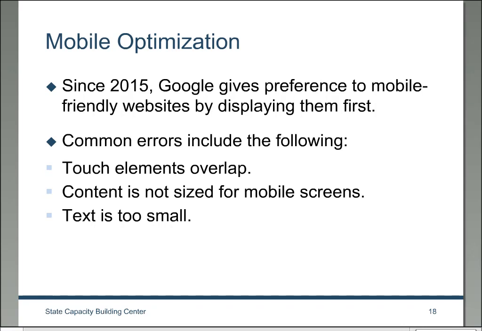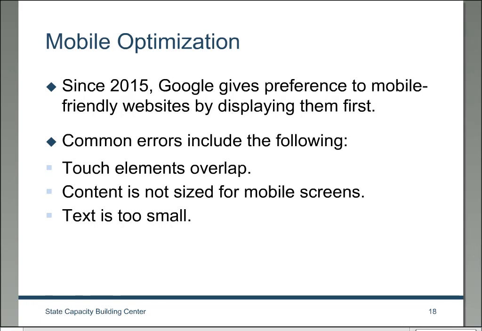There are some free mobile friendliness tests out there you can run, including one within Search Console, which is part of the Google Suite. And it's really important to test websites for mobile optimization because, again, this is another area that may not be seen by everyone initially, but it really affects search engine ranking.